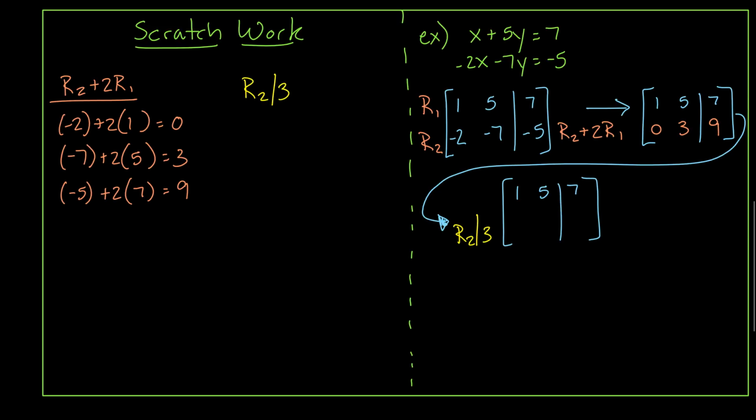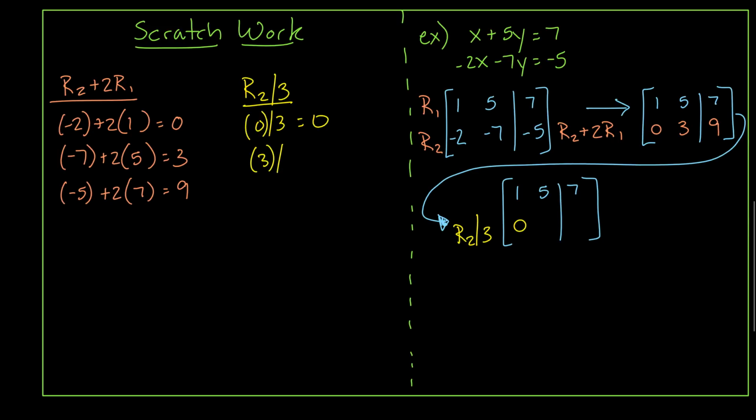What is my row 2 x value? So what's 0 divided by 3? 0. So do you see why I didn't add or subtract this time? Because if I had added or subtracted, I would have had to give up this 0, which I just worked so hard to get. Okay? So what is my y value of my row 2? 3.